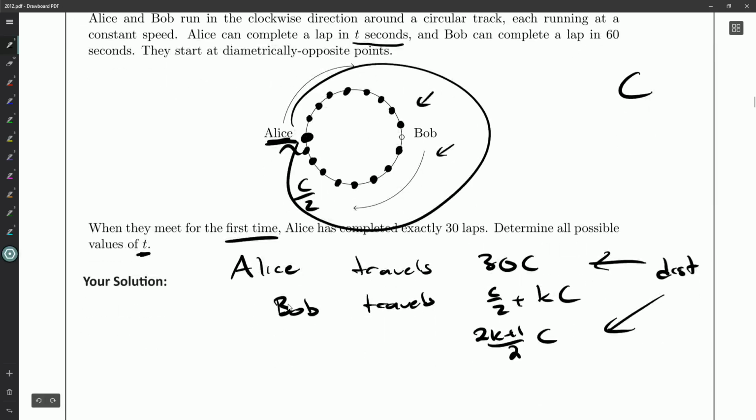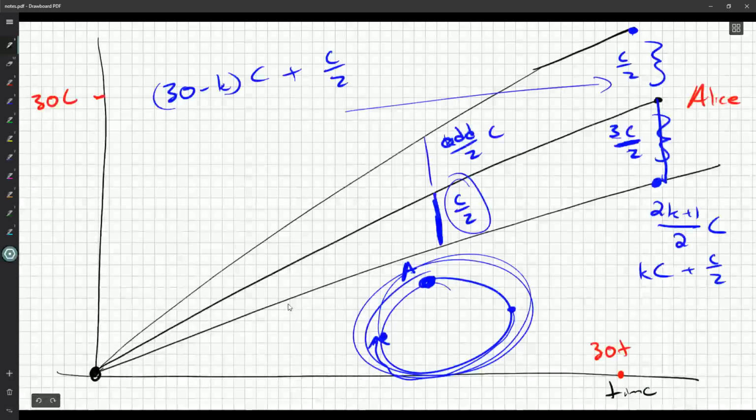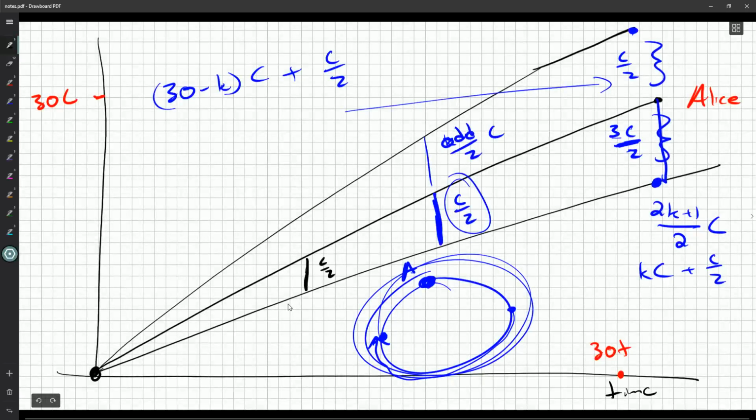It's because of this first meeting complication. That the first time they meet, they'll always be c over 2. The difference in their total distances will be c over 2. And so if the first time they meet is after 30t, after Alice has done 30 laps, then the distance between Bob and Alice, either if Bob is slower or faster, must be c over 2.